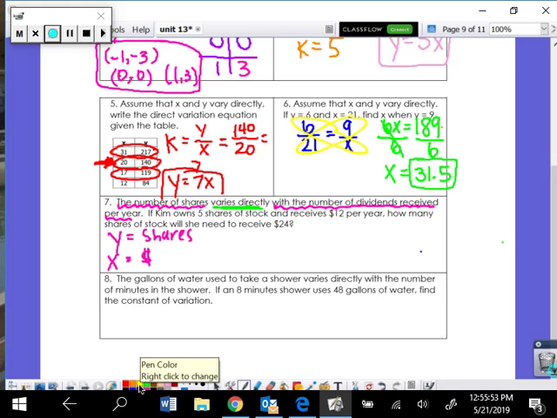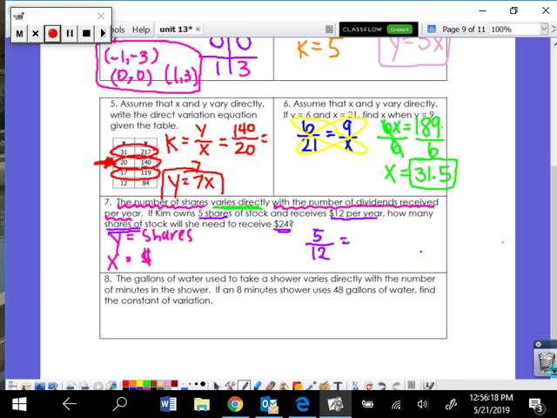So it says if Kim owns 5 shares of stock and receives $12 per year, how many shares of stock will she need to receive $24? So we've got a y and an x. Shares are 5. The money she's getting is 12. So that's y divided by x.